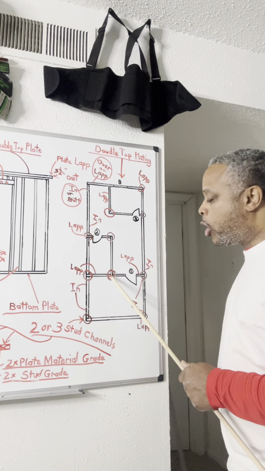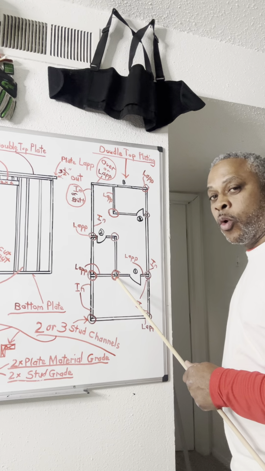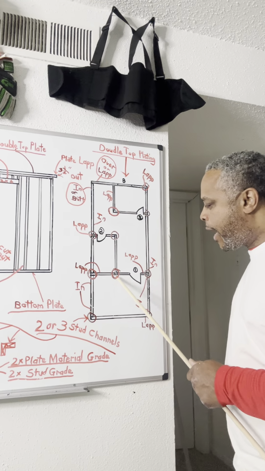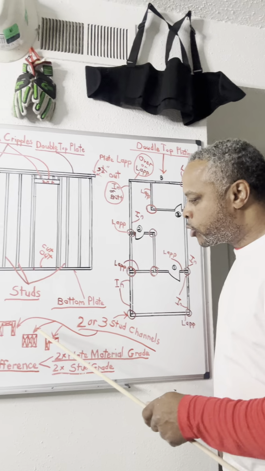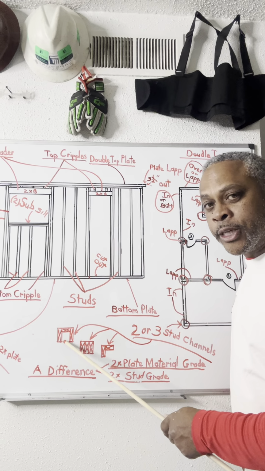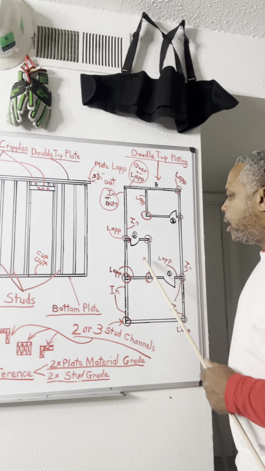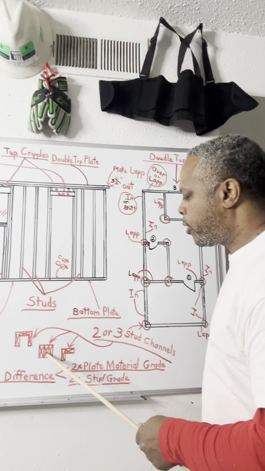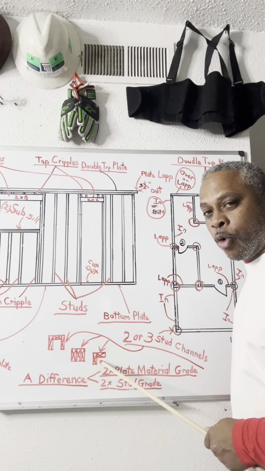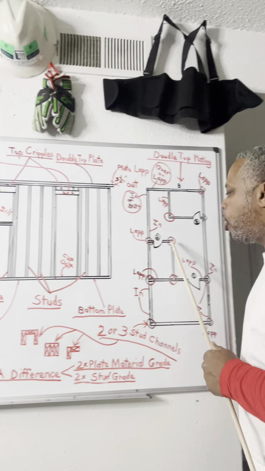I have a lap, a horn on this end here for this wall to receive. This channel right here is this one here. That's the channel that goes in this wall here. On this end, it could be a three-stud corner or it could be a California corner. Either one of these two on the very end.